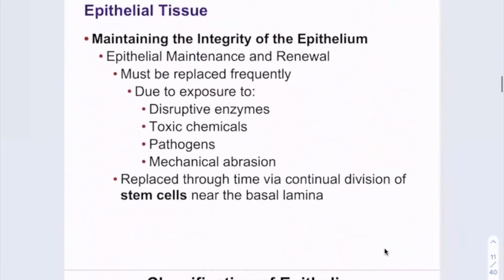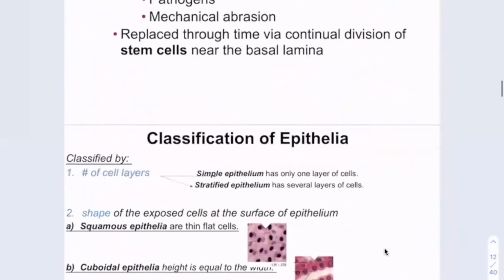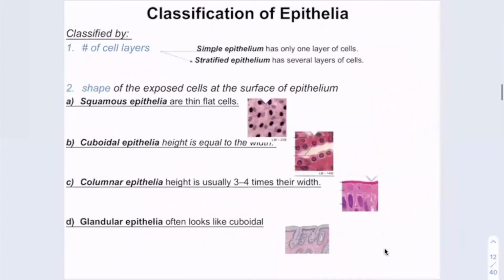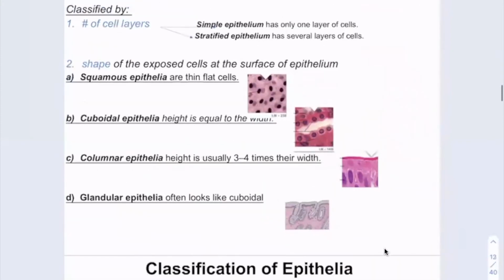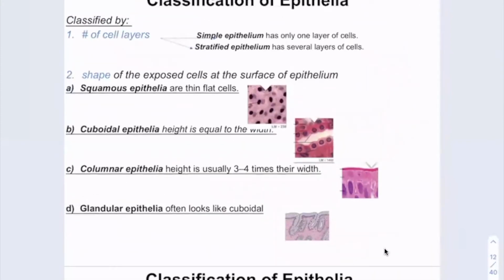And so that's a big deal because when you have several layers, and we'll get into stratified, right? So stratified is number of cell layers. As new cells get produced or born, old cells get pushed up.